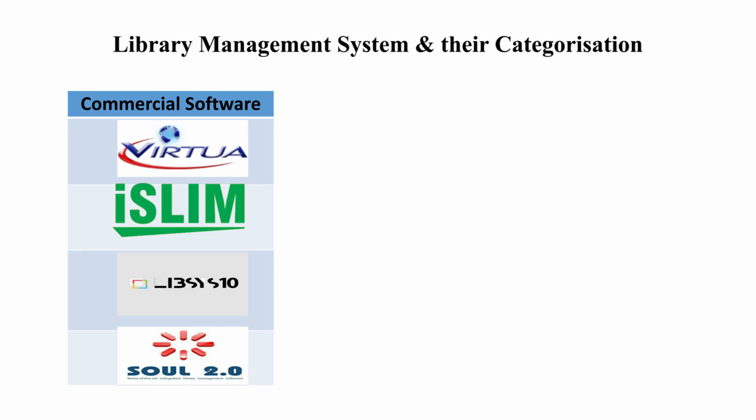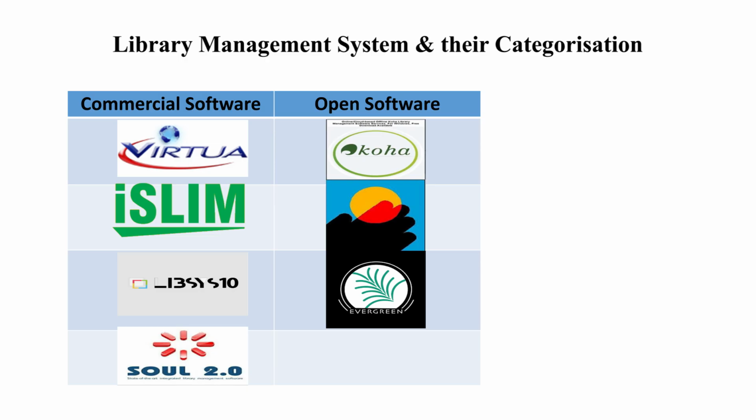Under open source software, that means software where the source code is available for libraries to use, reuse and modify, very common examples are Koha, NewGenLib and Evergreen. These are the three logos I am showing on the screen.